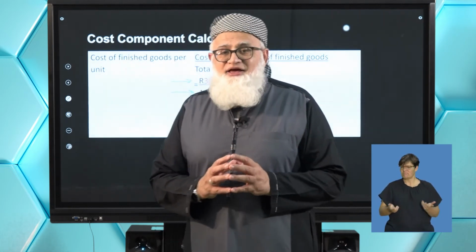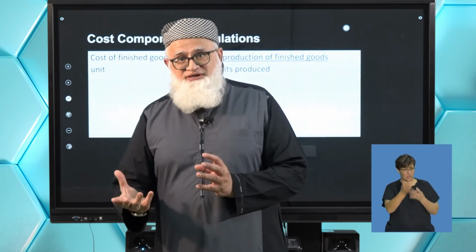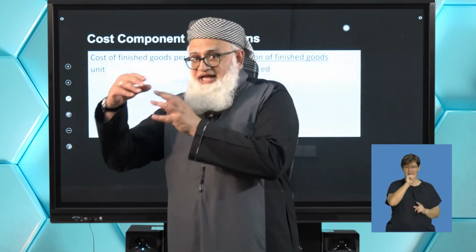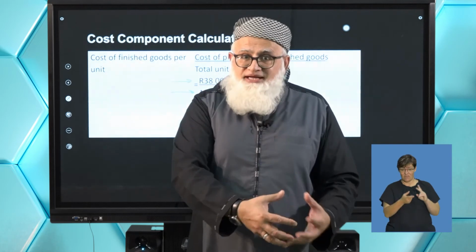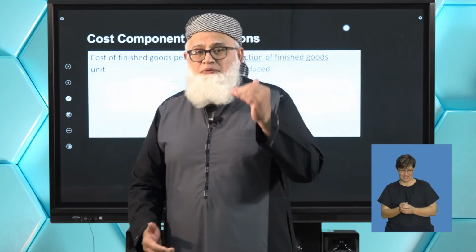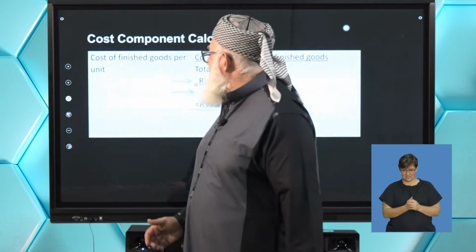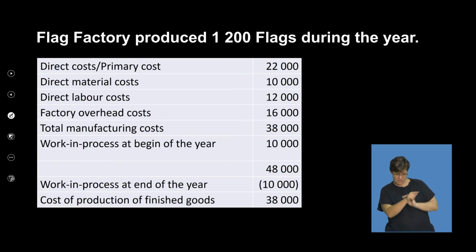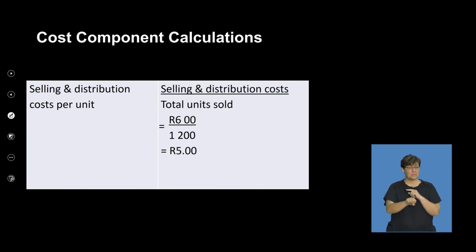Now, obviously, guys, you can see that all of this information is dependent on getting your costing done correctly. So your ledger accounts, your cost accounts, and from that we have extracted this information, and we're now doing the unit cost calculations. If you look at your selling and distribution cost per unit, once again, go and identify it. You extract your selling and distribution cost, divided by the number of units produced, which gives an amount of 5 Rand.